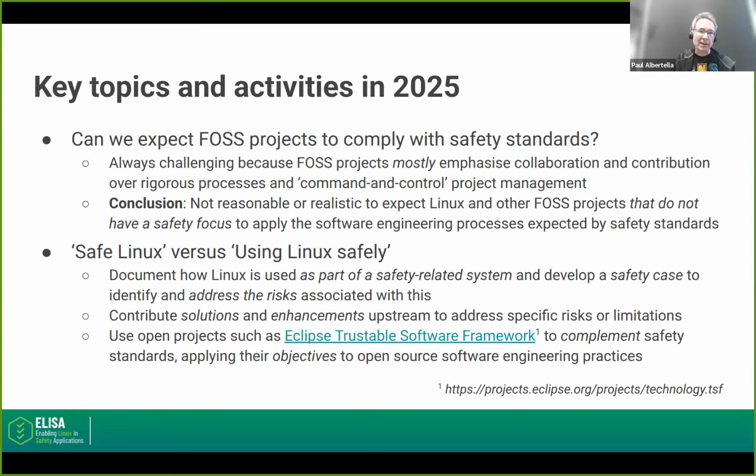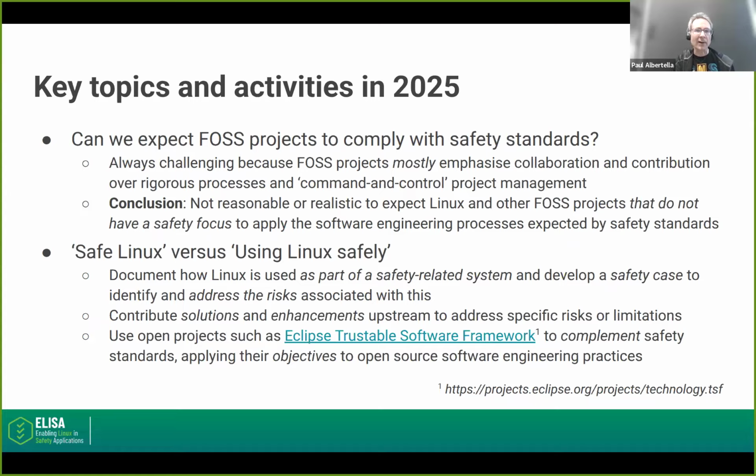So just looking at some of the topics and things that we've focused on in 2025 to give you an idea about where we are and what we've been thinking about. The first one is the one I was talking about, which is, can we really expect free and open source software projects to comply with safety standards? And this is always challenging because of the nature of open source projects.